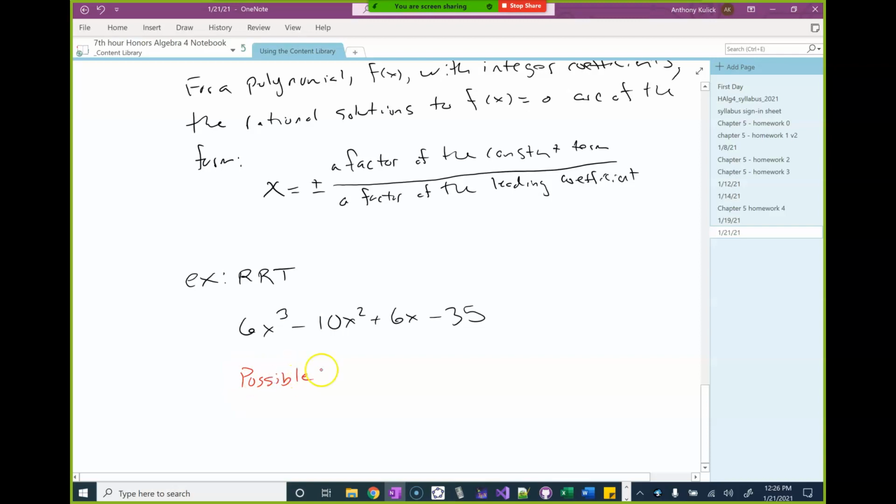What the rational roots theorem is going to tell us are the possible rational solutions to that polynomial set equal to 0.